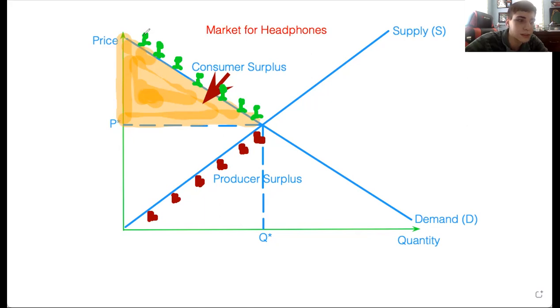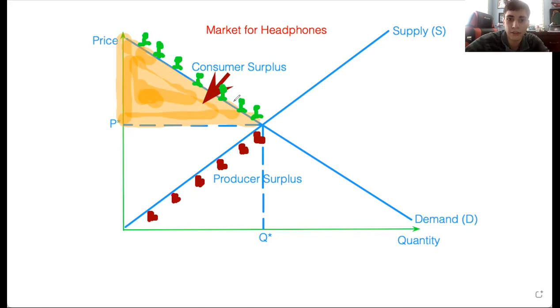So each of these, in essence, if I would have basically had 6 on this and then 6 on that, I drew one more extra person. Don't mind that extra person. Each of these would have aligned with one of these firms. So each of these people would end up getting those headphones for the price that they want.